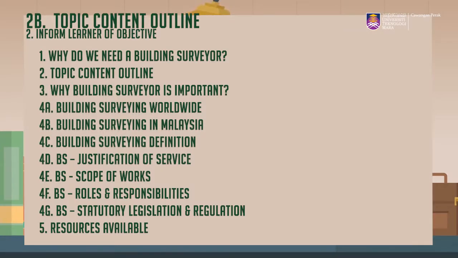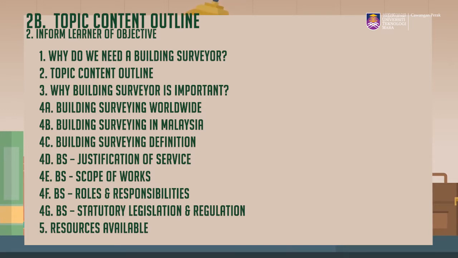For your information, there are several topic content outlines that we will cover today. First, why do we need a building surveyor? Second, the topic content outline, which is to identify the topics that we will cover today. Third, why the building surveyor is important.